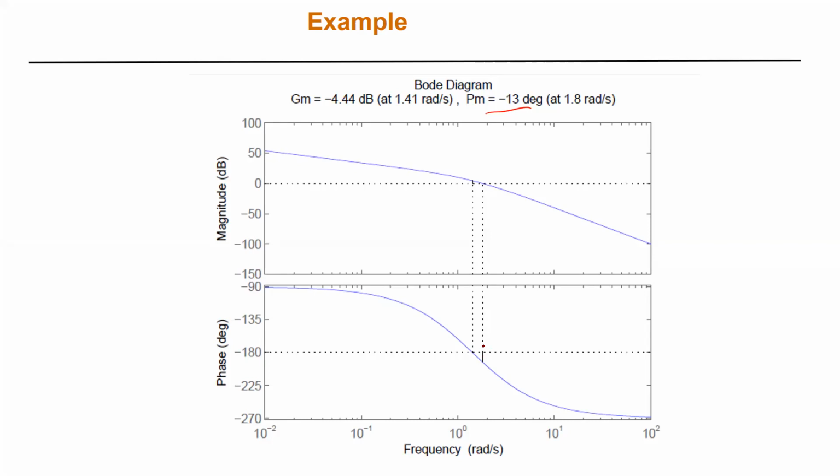Okay, so now what is required? We need a phase margin of greater than 40. Let's take a safety factor of 10, so I need a phase margin of basically 50.